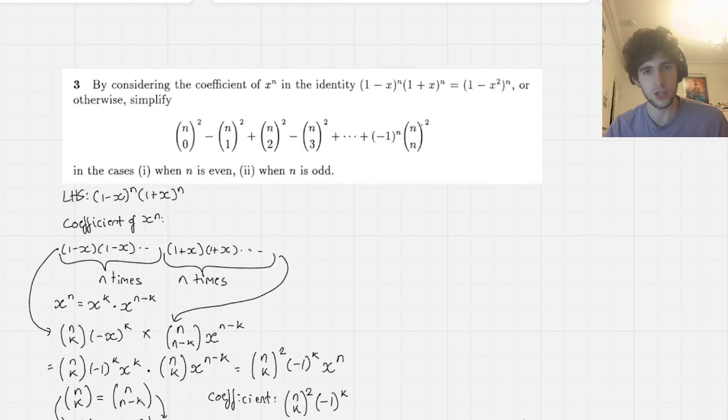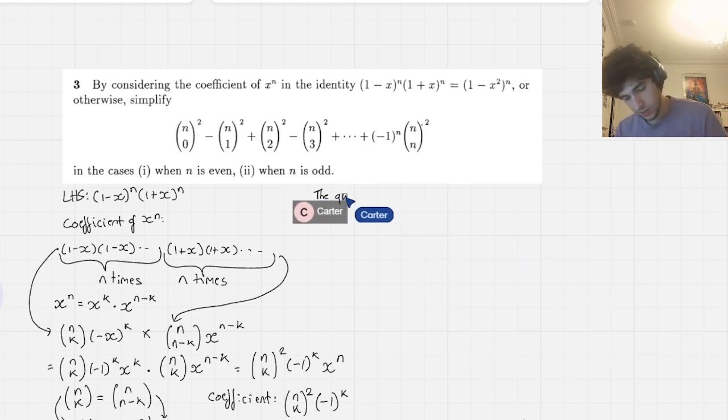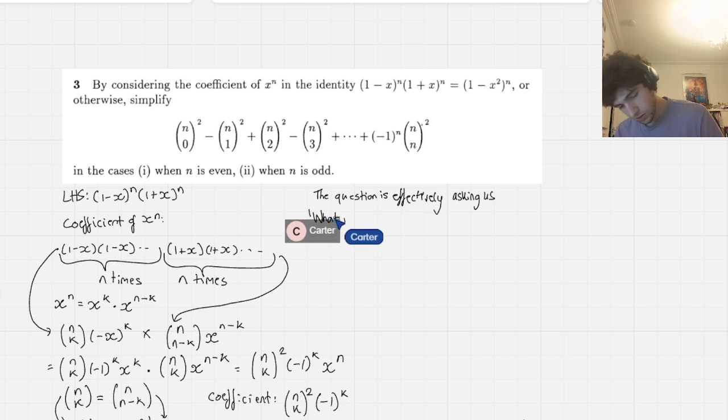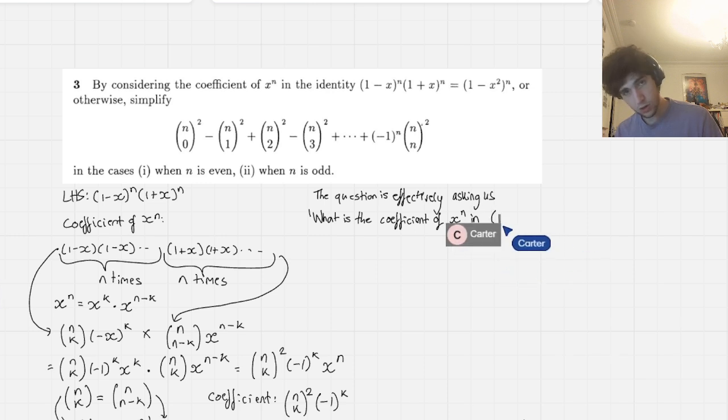So the question is actually equivalent to asking, if we go back up to the top, what is the coefficient of x to the n in the binomial expansion (1 minus x squared) to the n?